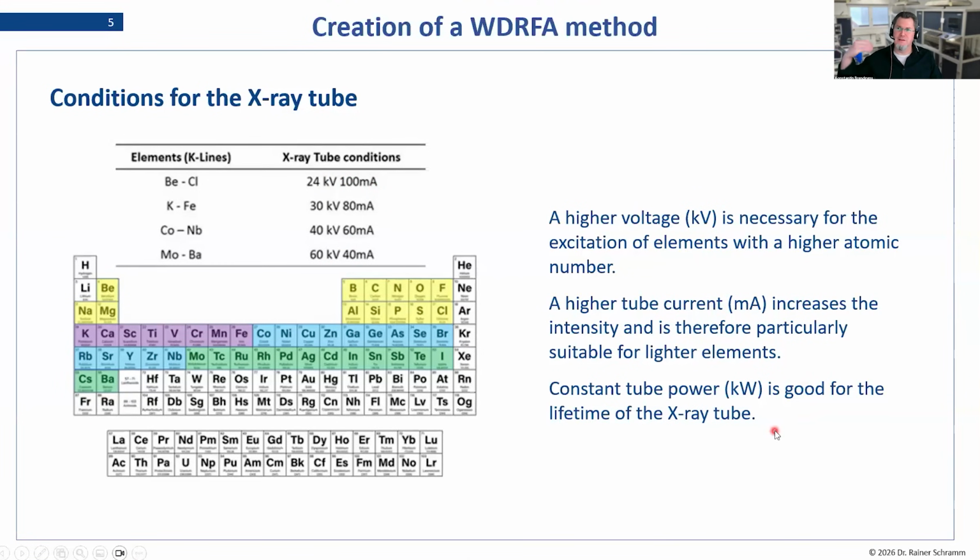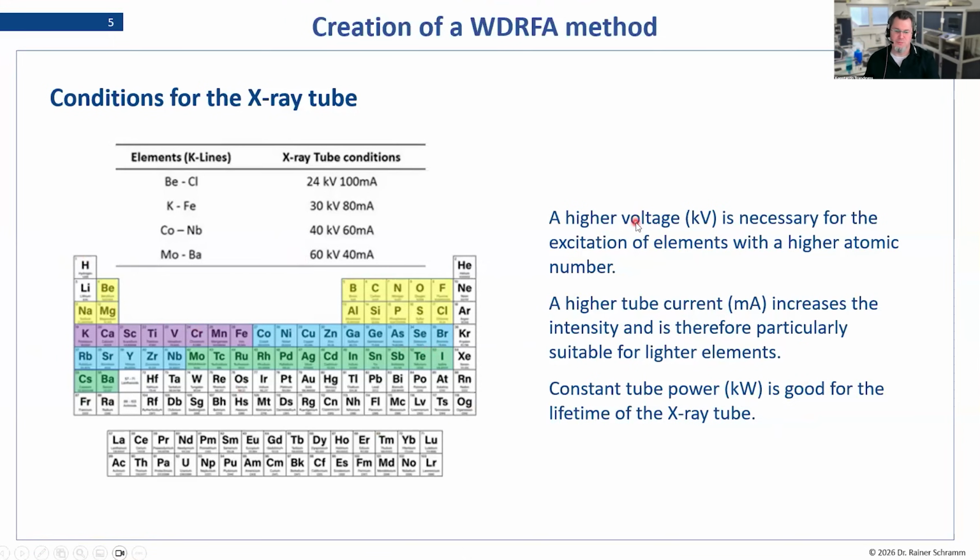So it increases the lifespan of your equipment. And usually you can find a good middle ground where you have enough kV to excite the heavier elements and enough mA to excite the low elements as well. So you kind of find a compromise.